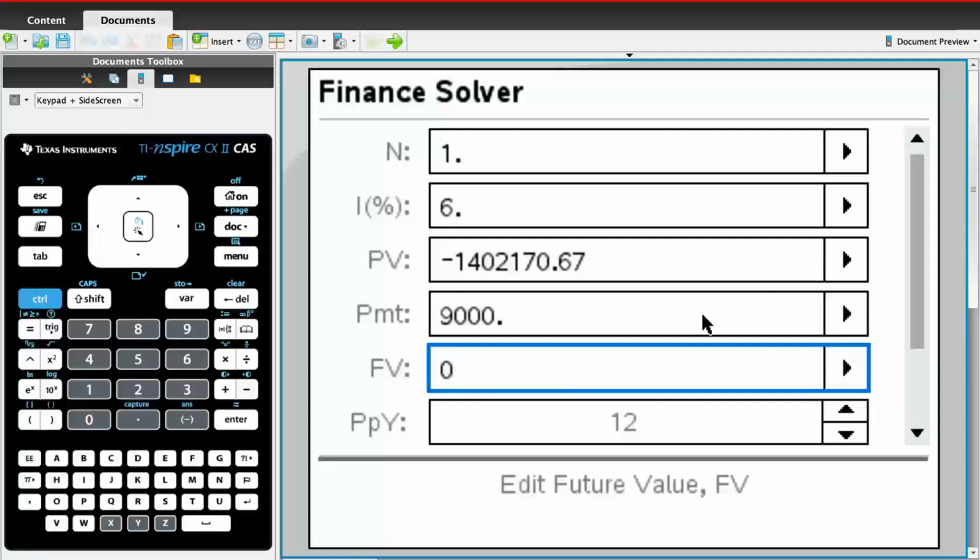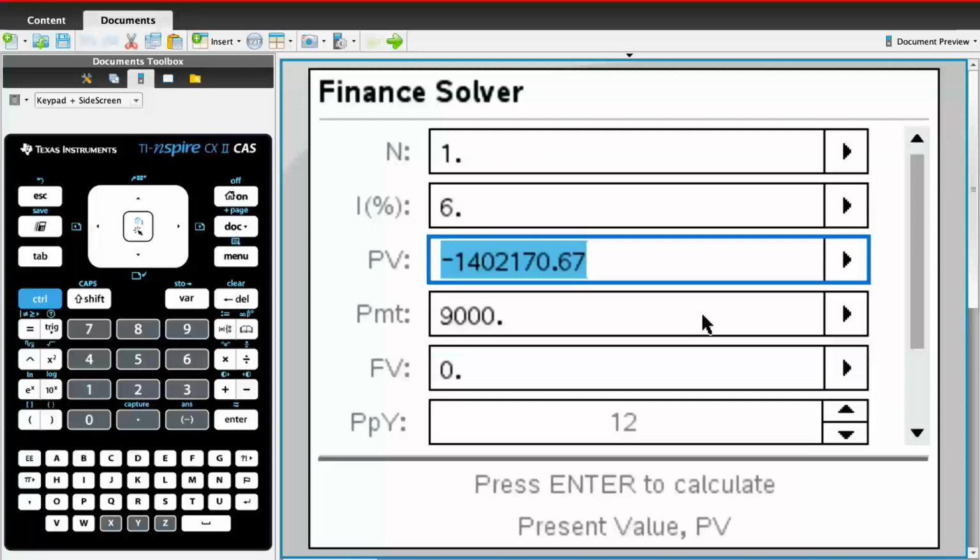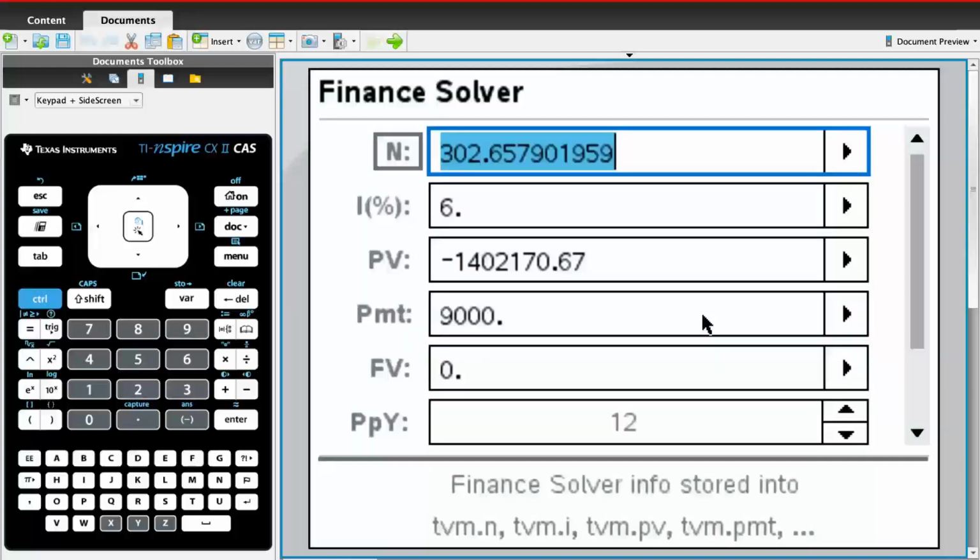So if we shift tab back up to the top, that shows us that it's 302.65. So let's say 303 payments, but they won't all be full. There'll only be 302 full payments.